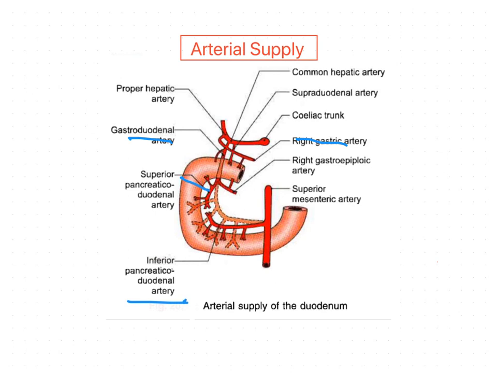So these are the additional branches, and also some branches from the right gastroepiploic artery. All these additional branches supply the first part of the duodenum.